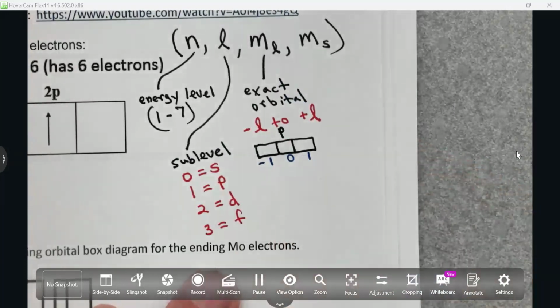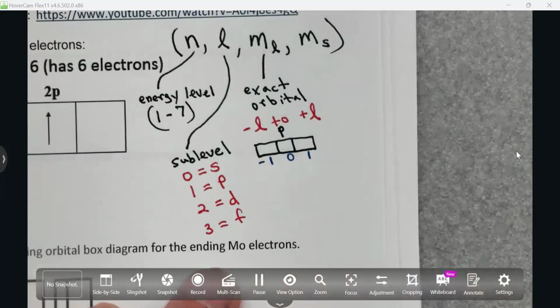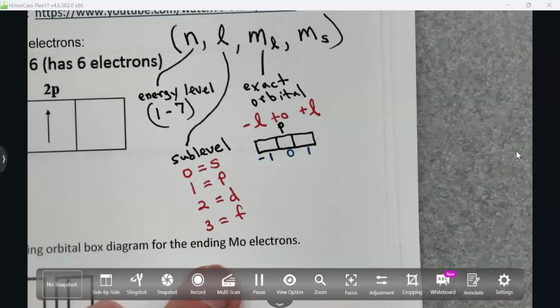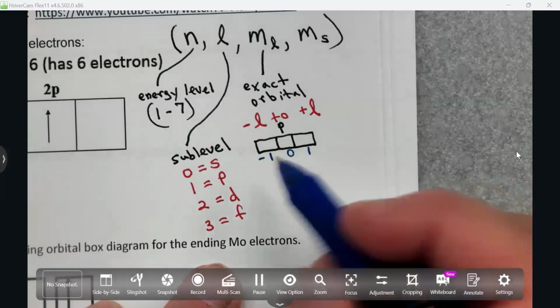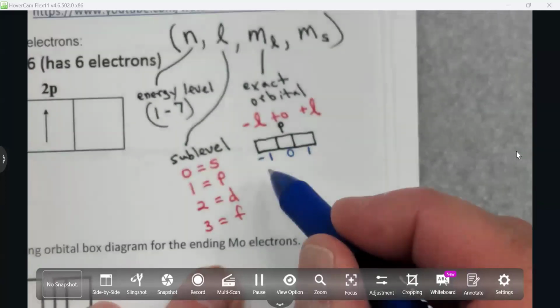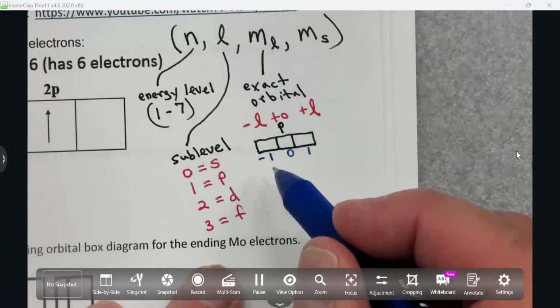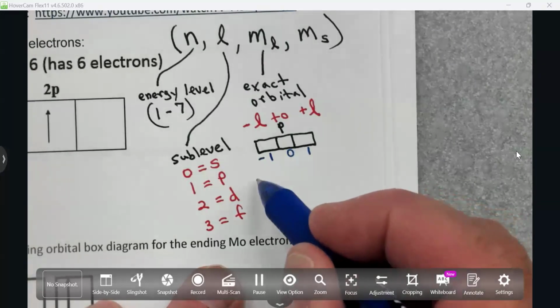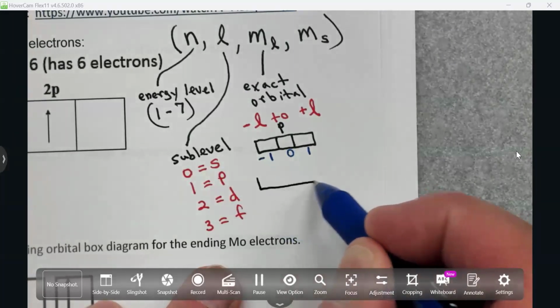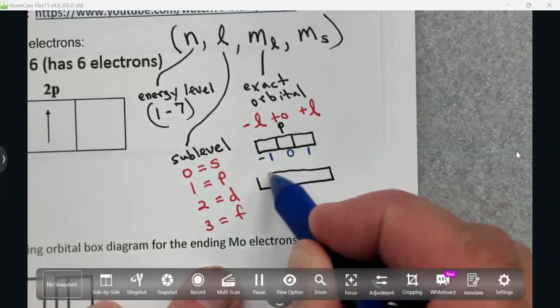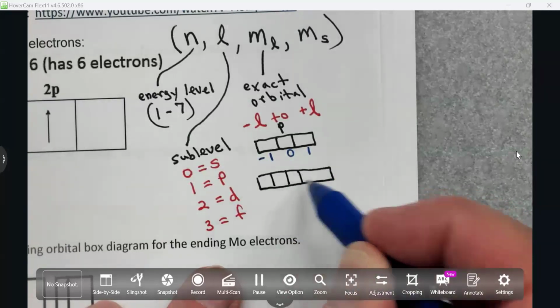We just number it like that. How many d orbitals are there? 5, correct? So if I have a d, I would have 5 orbitals: 1, 2, 3, 4, 5.